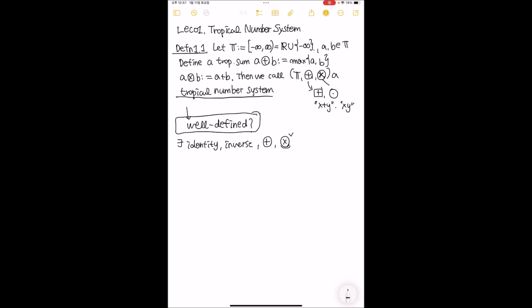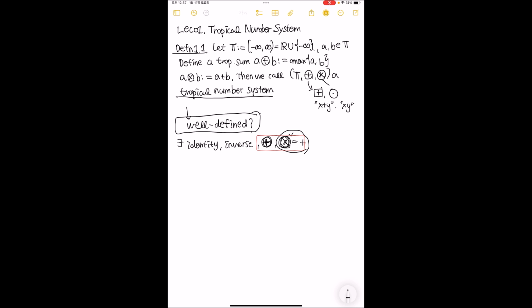But in the case of the tropical multiplication, it's just addition, as we know. That is okay. But we should think about, in the case of the tropical summation, whether the identity or inverse exist.